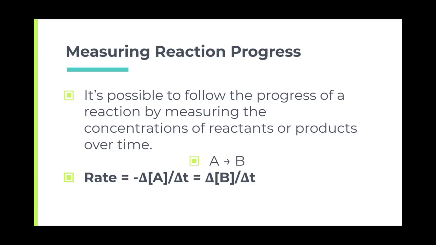We want to have a negative for our reactants because we are going to be losing reactants over time. Then the second half is the change in the concentration of B, our product, over delta t, the change in time. This will be positive because our products will be increasing over time.